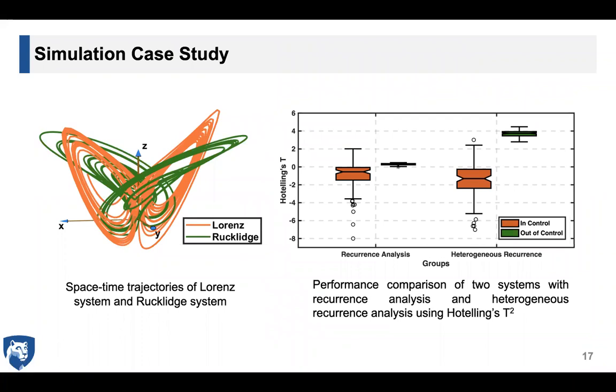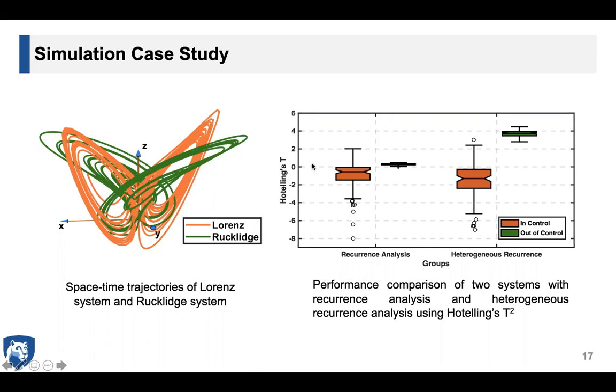Then we validate and evaluate our proposed methodology, first on simulation data. Here we generate 2 attractors: one is the Lorenz attractor, and the other is the Rössler attractor. We extract both the traditional homogeneous recurrence quantifiers and the proposed heterogeneous recurrence quantifiers from the 2 systems, and then we summarize the quantifiers into Hotelling T-square statistics, shown on the y-axis.